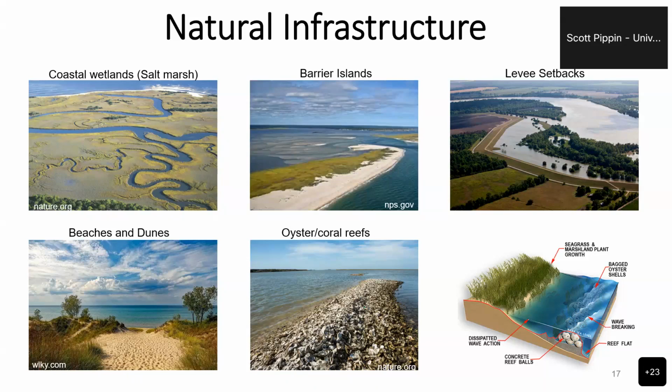This applies to things like barrier islands and beaches and dunes and oyster reefs, all of which not only provide the same sorts of infrastructure systems for reducing storm surge or protecting from tidal flooding, but also are economic and aesthetic and biological resources in their own right. They provide important habitat for other species.